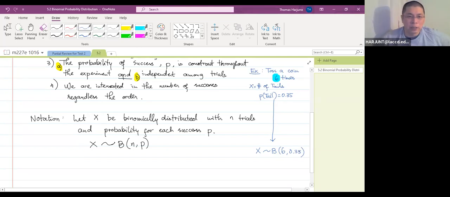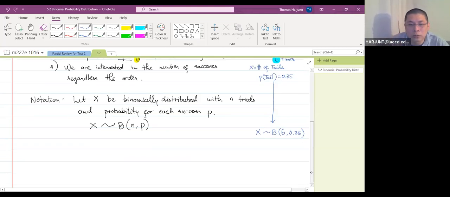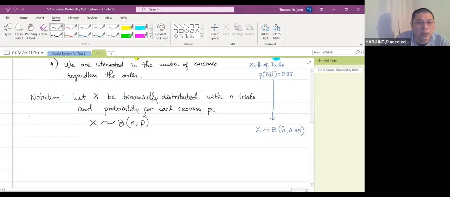Now, for approximately the next 20 to half an hour, we will first learn again the notation and the calculator punch, like how to use your calculator to compute binomial distribution. My assumption is you already have your TI-84. Now suppose I get the real example, example 1.